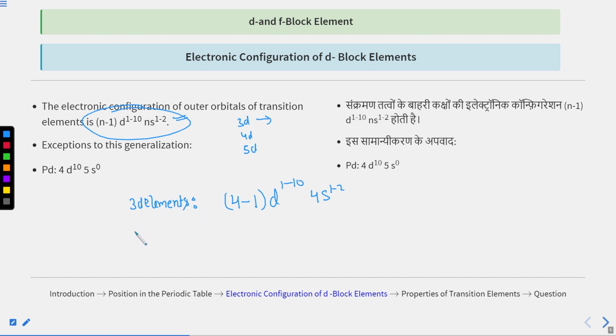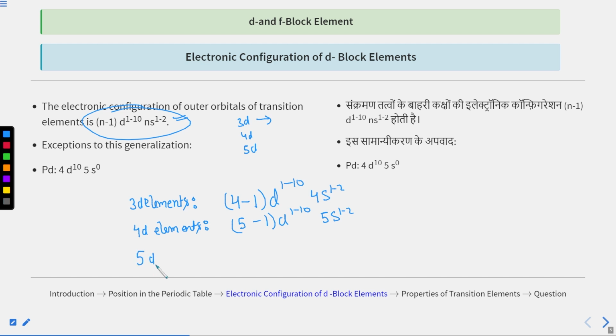Next we have 4D. So if we talk about 4D elements, then it will be 5 minus 1, that is 4d, 1 to 10, and 5s, 1 to 2.